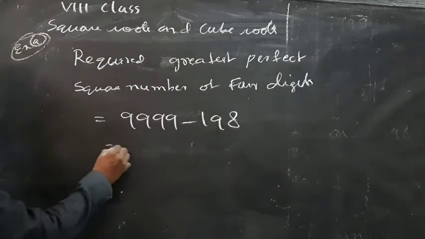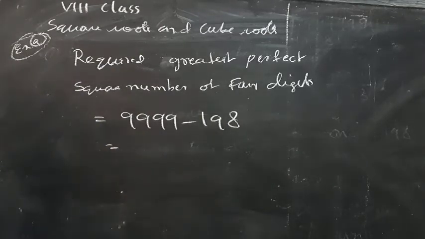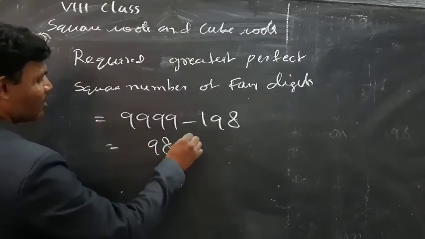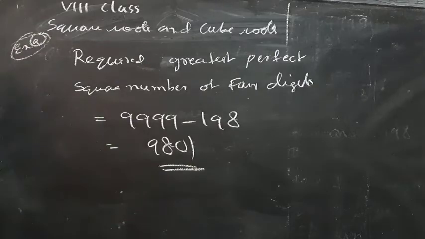So after subtracting you will get 9801. So 9801 is the required greatest 4-digit perfect square number.